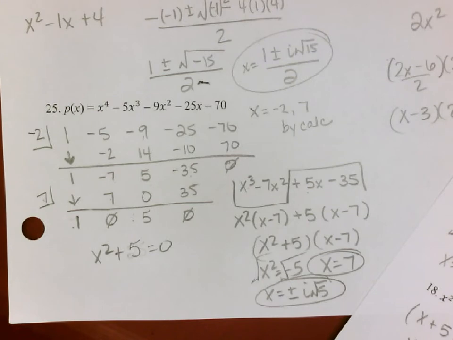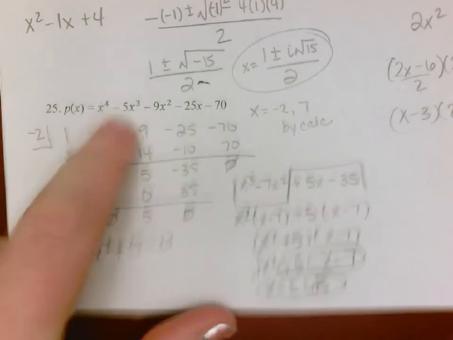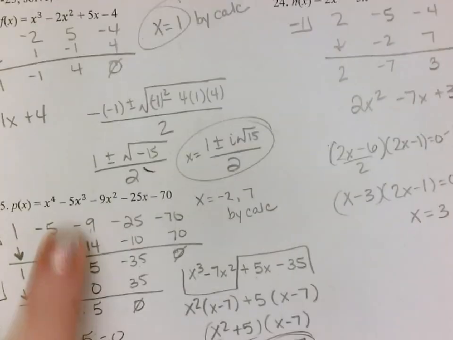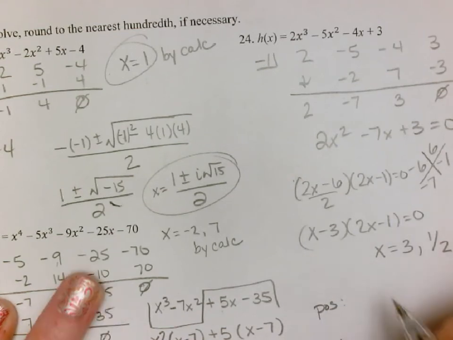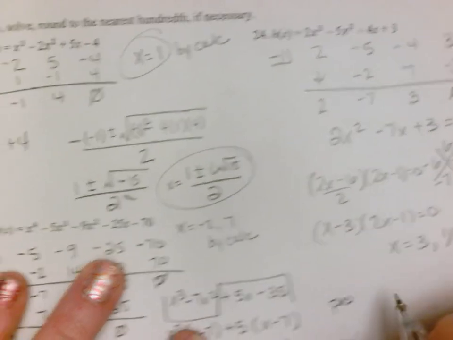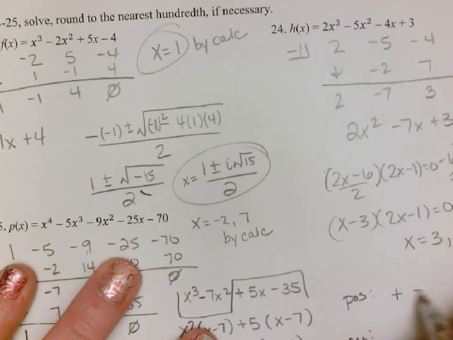Make sure you know how to do the table. It doesn't show you on here, but if you were to do the table on this problem here, so let's look at this one. Positive, negative, you have plus, minus, minus, minus, minus.